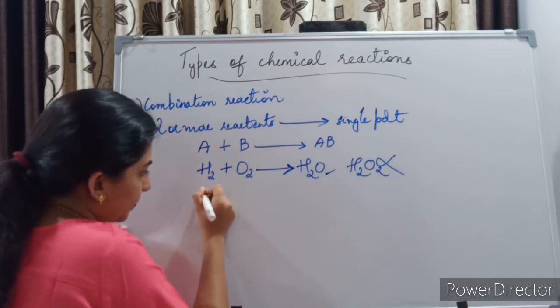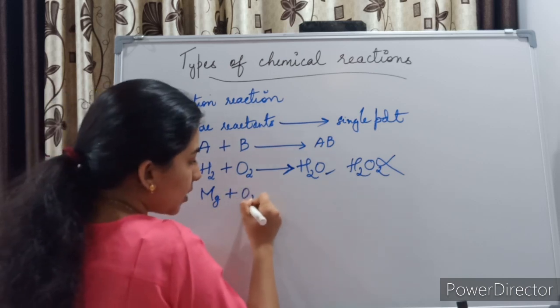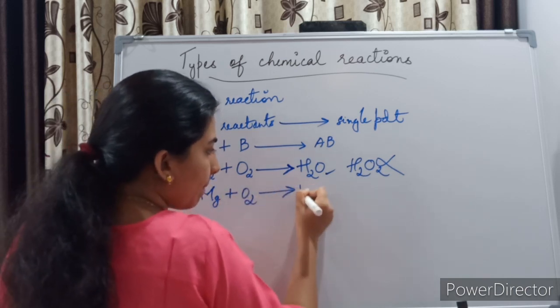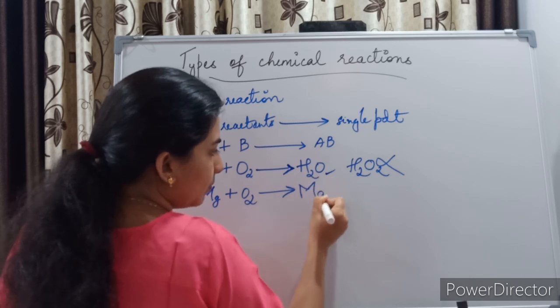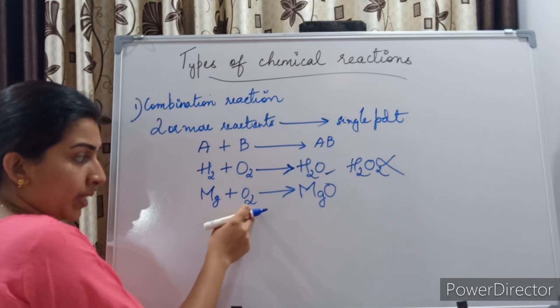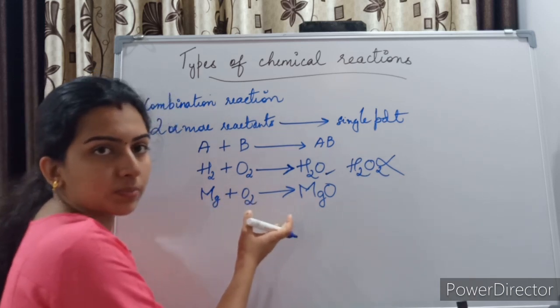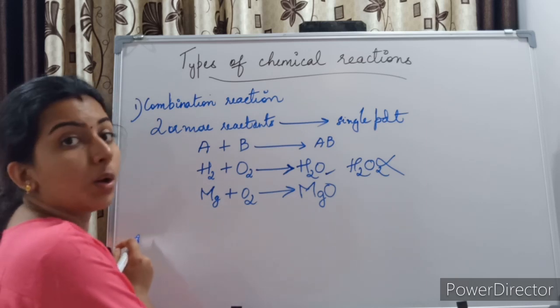Next example, Mg, magnesium plus O2 gives MgO. Here also, we are not getting MgO2, we are getting only MgO. This is also because of the valencies.